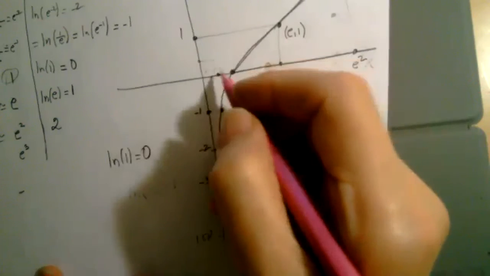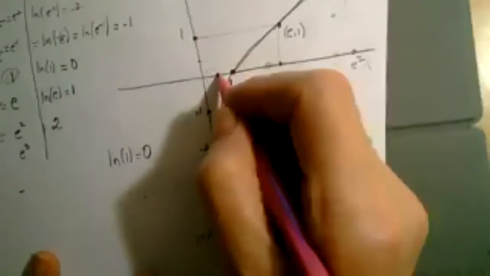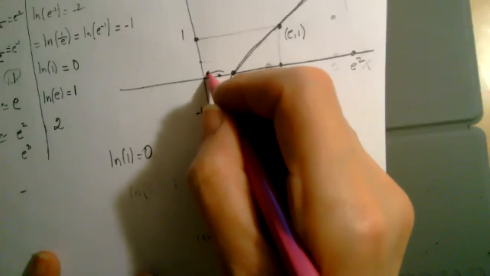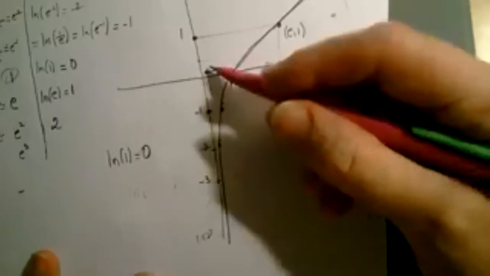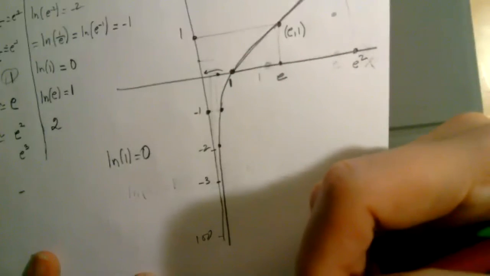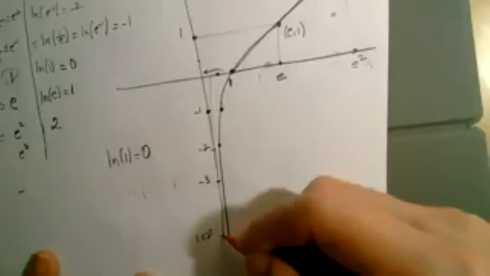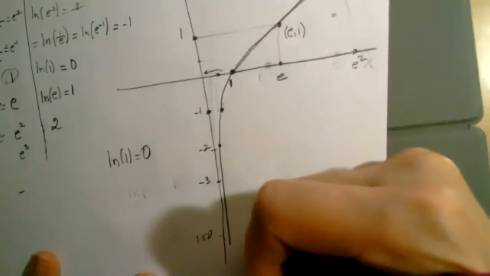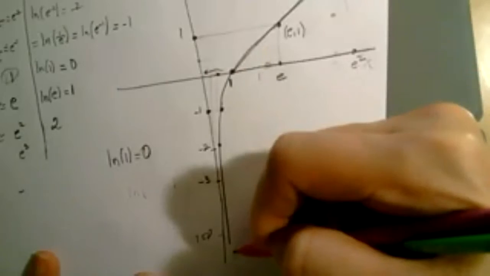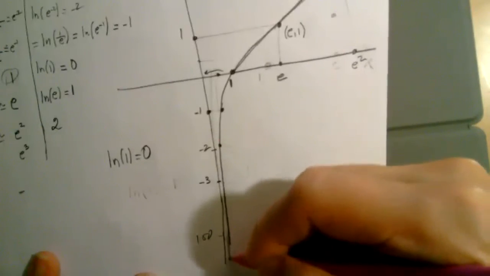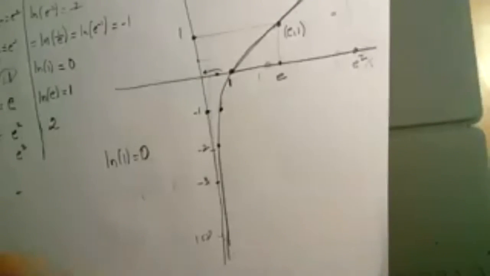So as the input x gets smaller or close to 0, my output is getting more and more and more negative. It never stops. It never hits the y-axis because there is no output for x equal to 0, but it keeps getting more and more negative.